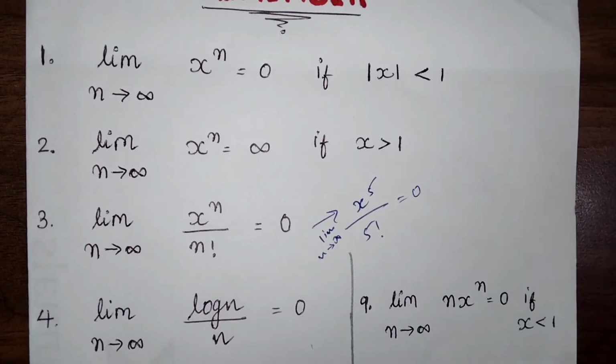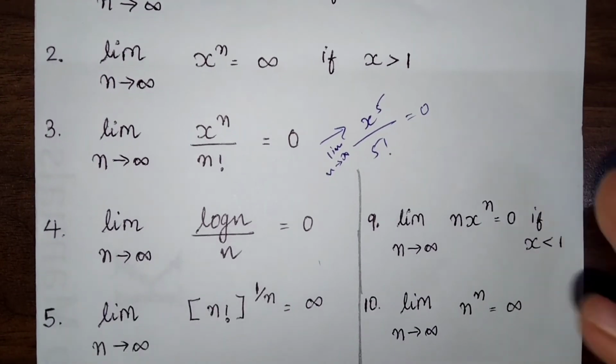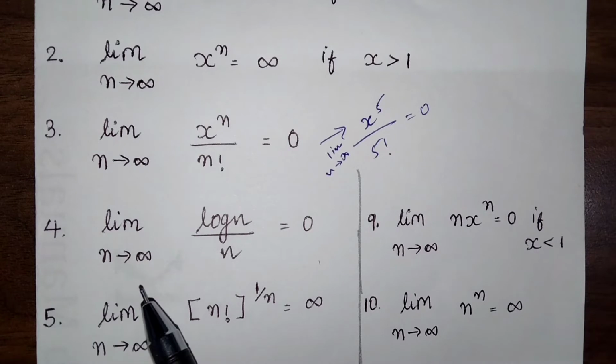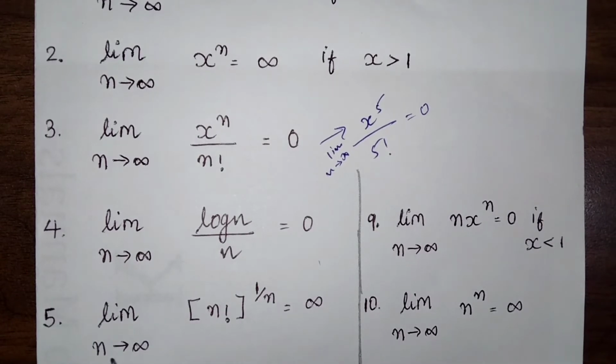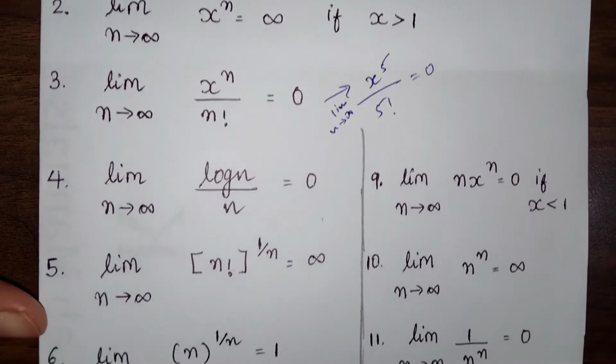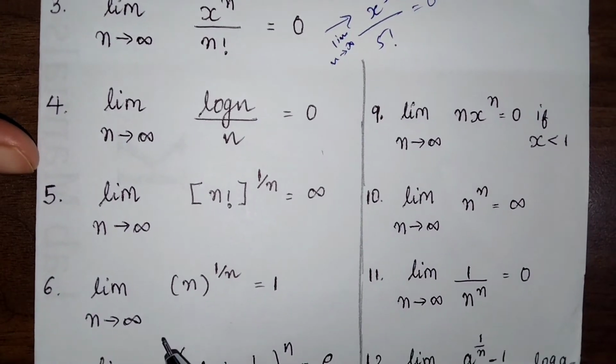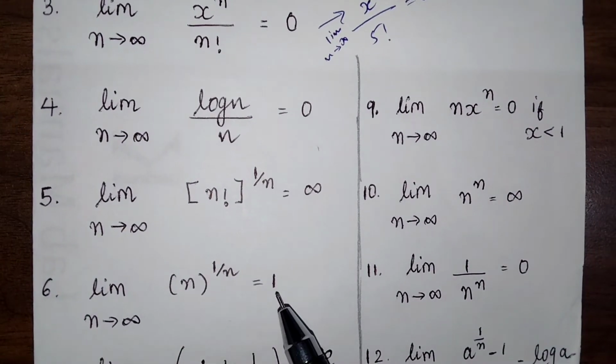Such type of questions can be asked in the MCQ. Then the fourth one is limit n tends to infinity, log n by n is 0. Fifth one, limit n tends to infinity, n factorial raised to 1 by n is infinity. Next, limit n tends to infinity, n raised to 1 by n is equal to 1.